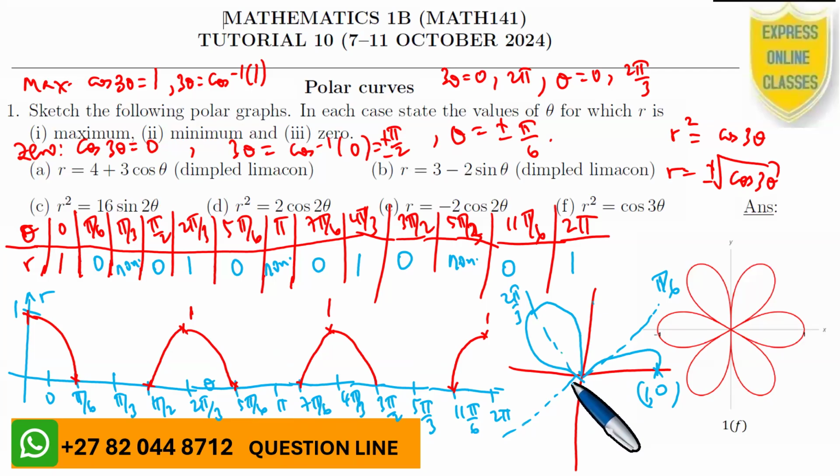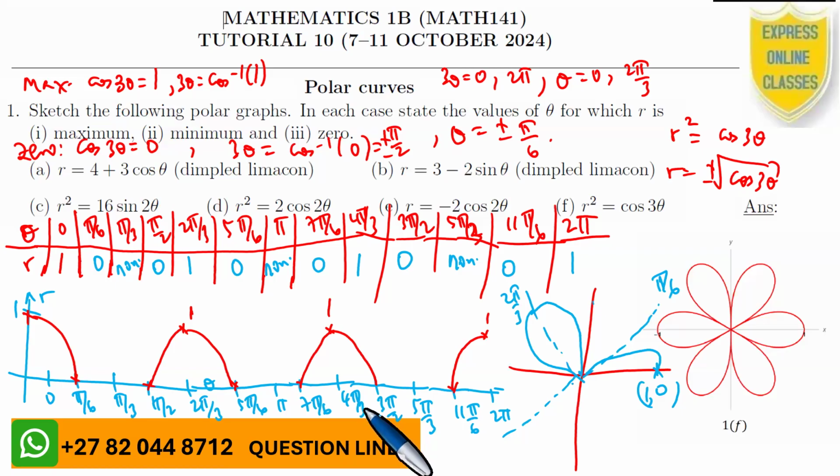And then it's going to, because pi over 6, yeah. At 7 pi over 6 is going to be 0. And then up to 4 pi over 3. Which is 4 pi over 3, which is like 240 degrees.